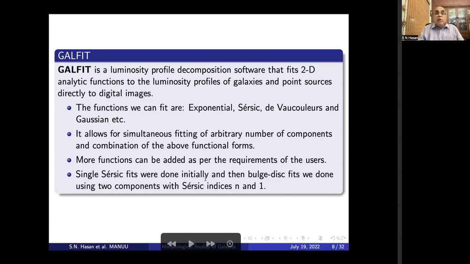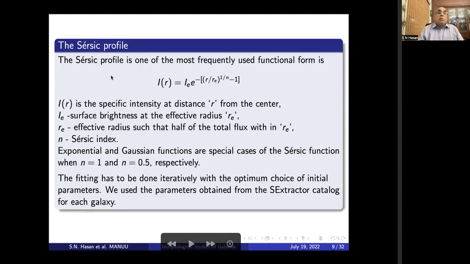Single Sersic fits were done initially, and then bulge-disk fits were done using two components with Sersic indices n and 1. The Sersic profile is one of the most frequently used functional forms and is given by this expression, where I(r) is the specific intensity at a distance r from the center.